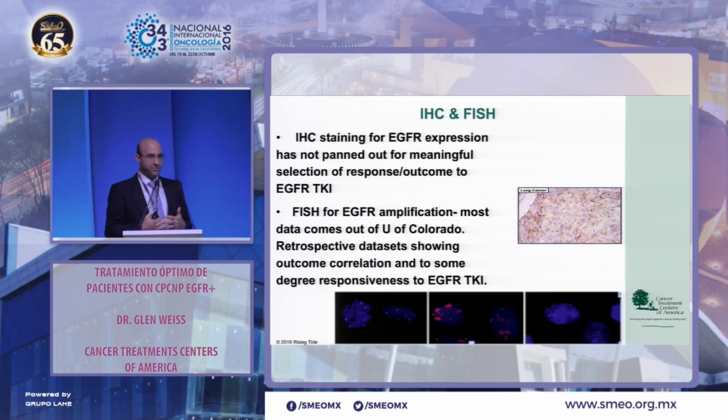FISH amplification of EGFR was also looked at, with data coming primarily out of the University of Colorado, mostly retrospective cohorts, but ultimately it was EGFR mutation testing that prevailed, not only for predicting response but also for correlating with progression-free and overall survival.